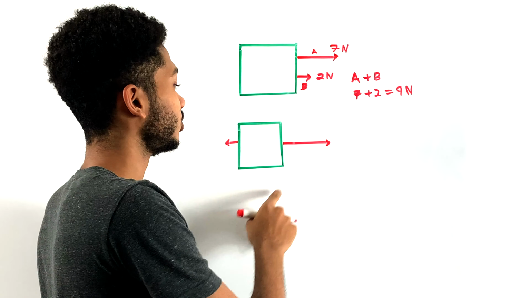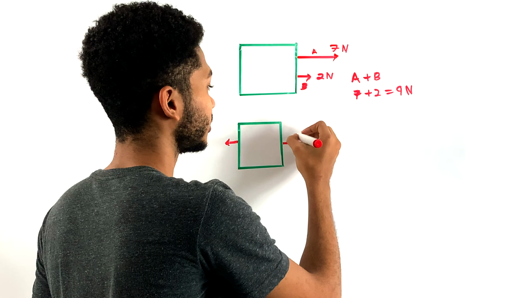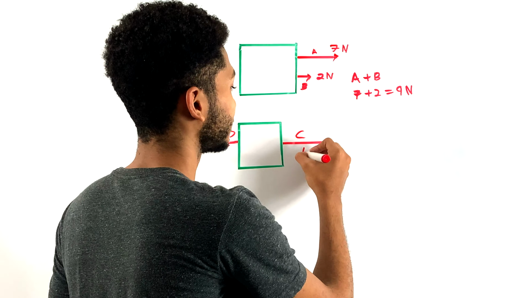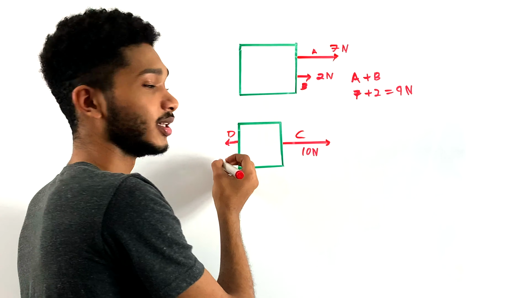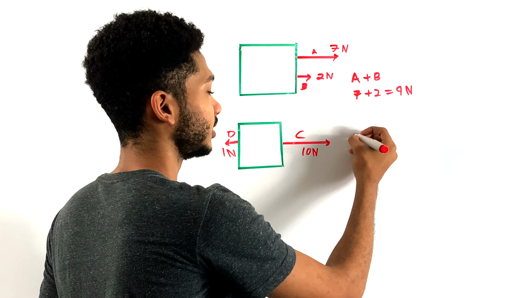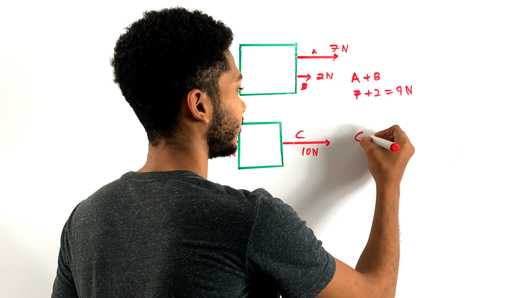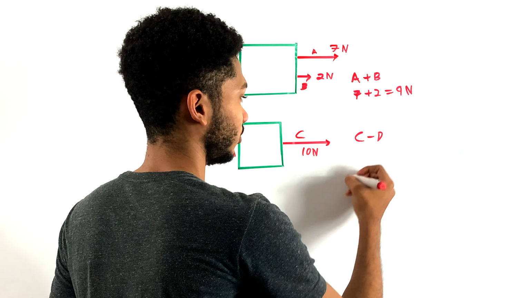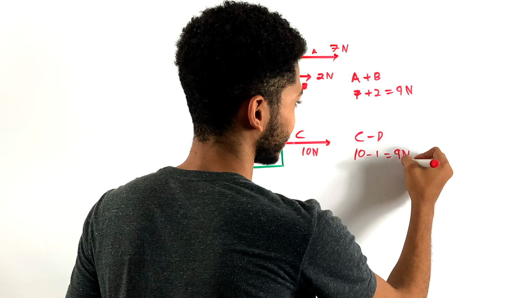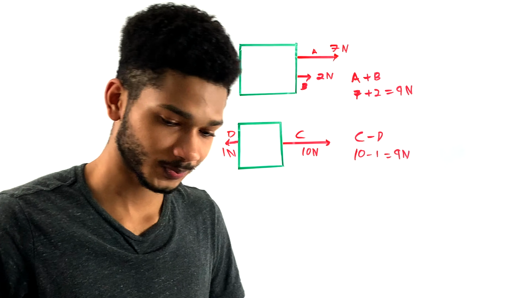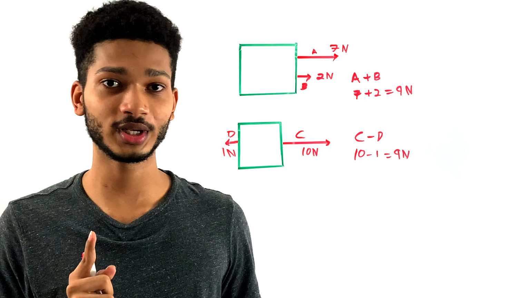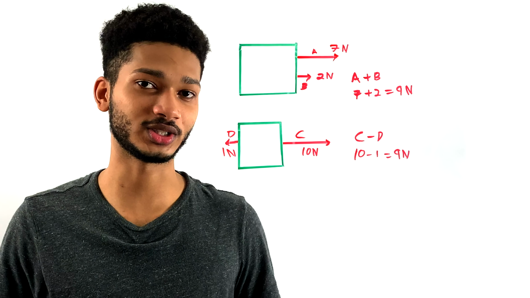In antiparallel, you subtract the forces. So let's call this one vector C and vector D. And vector C is 10 newtons of force, while vector D is 1 newton. The resultant force will be C minus D, which is 10 minus 1, 9 newtons. So, a very important point to note is that you always have to state which direction the vector is going.